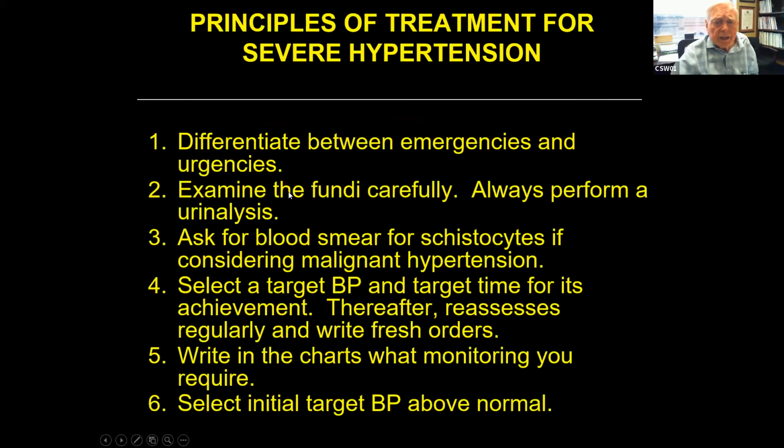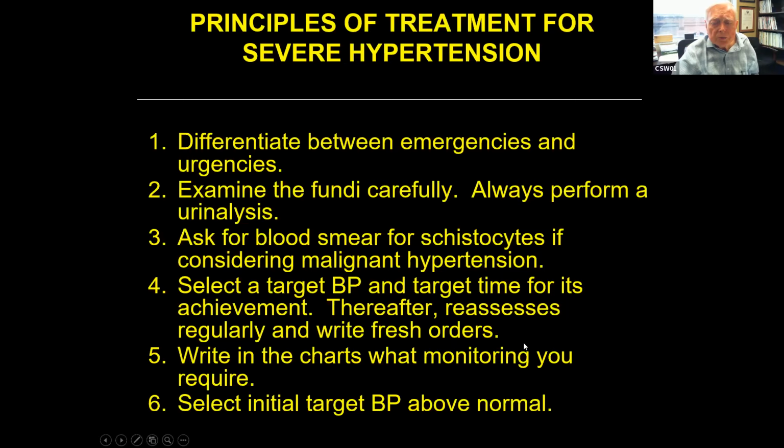So the last slide: differentiate between emergencies and urgencies. Examine the fundi carefully and always perform a urinalysis. Ask for a blood smear for schistocytes if you're considering malignant hypertension or scleroderma. Select a target blood pressure and target time for its achievement, and thereafter reassess regularly and write fresh orders.